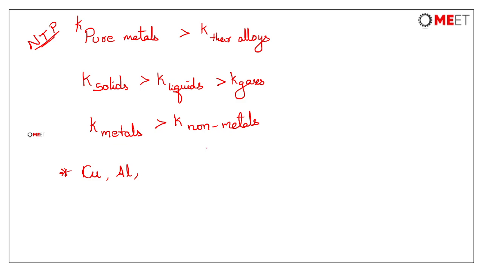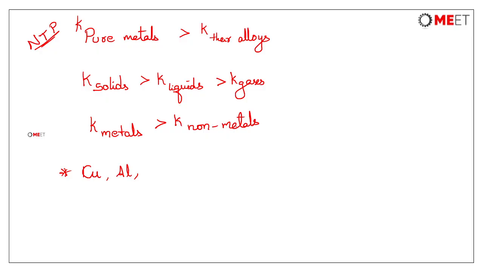Thermal conductivity of a material is due to the flow of free electrons in case of metals and lattice vibrational waves in case of fluids. Thermal conductivity will decrease with the increase in impurities. Try to remember this very important point.